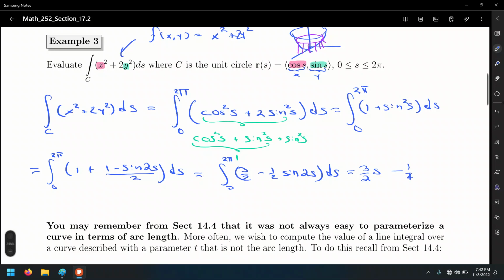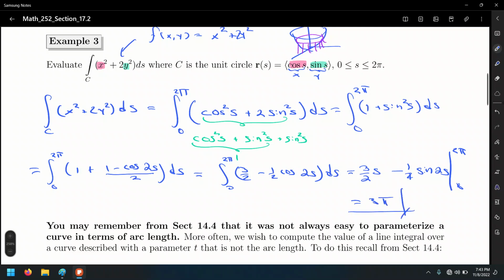Oh, actually that's supposed to be a cosine in the identity. I made a silly mistake. Let me fix it. That's sine here, sine 2s, evaluated from 0 to 2 pi, and after evaluating this, we should get as a final answer 3 pi.